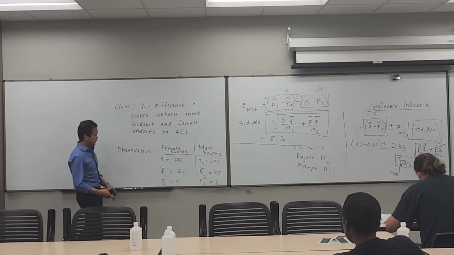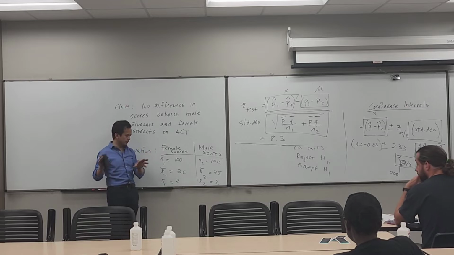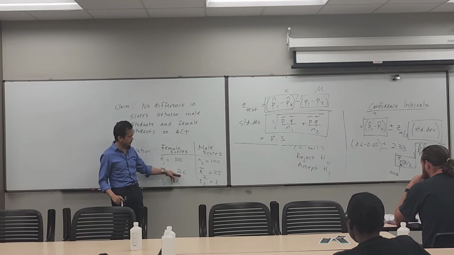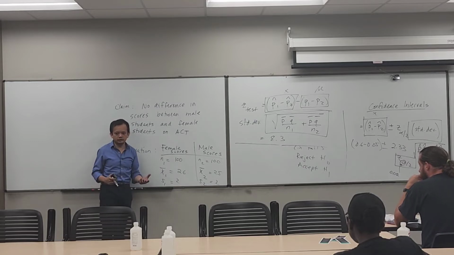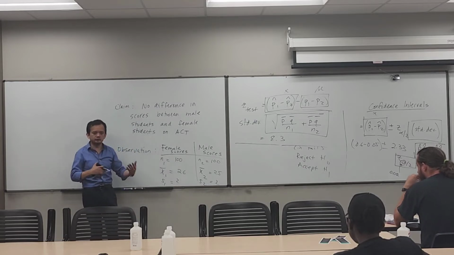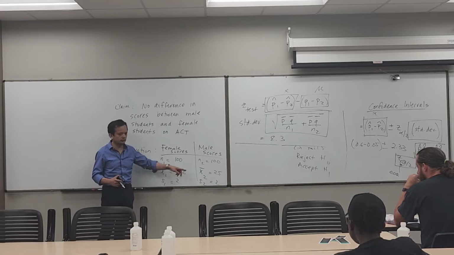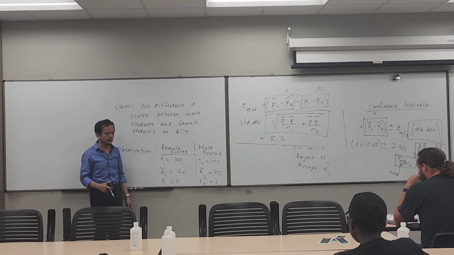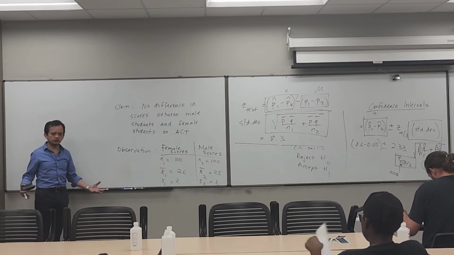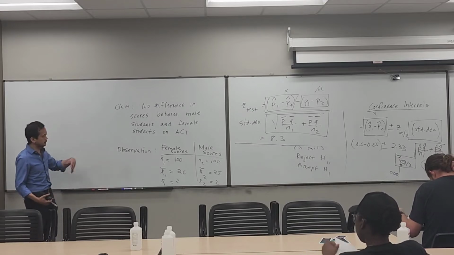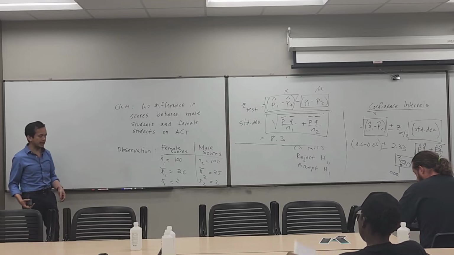So the issue is that just by looking at the samples of females versus males, you see the average for females is higher by a little bit. But the question is, is that high enough to say that there's a real difference, or is this difference caused possibly by random chance? So we have to look at the underlying distributions in order to make an accurate conclusion.